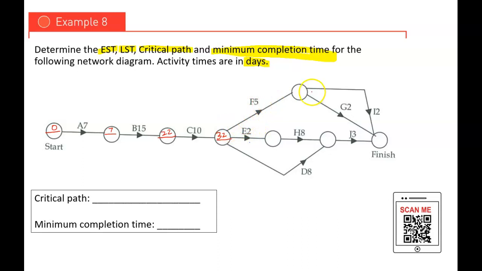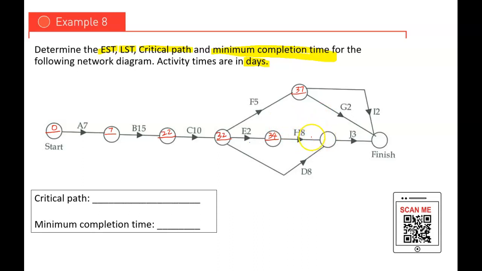And then 32 plus 5 is 37. You can straight away write it in because there's only one route here. Then 32 plus 2, you have 34, then you plus 8, it will be 42.